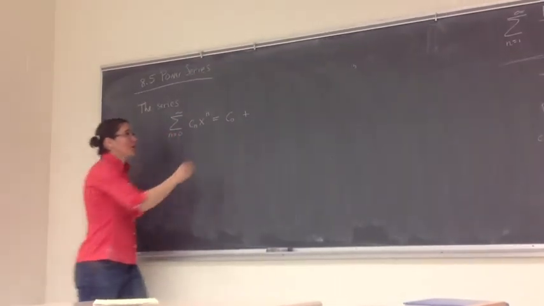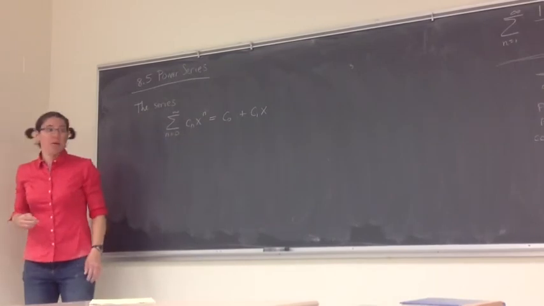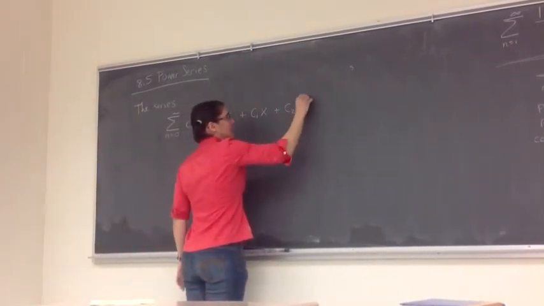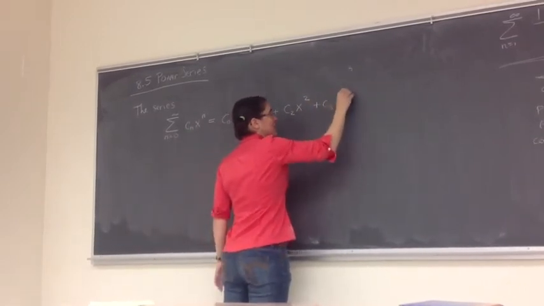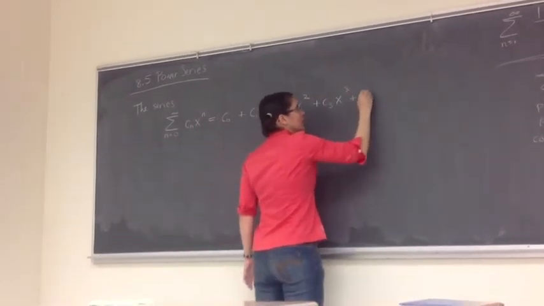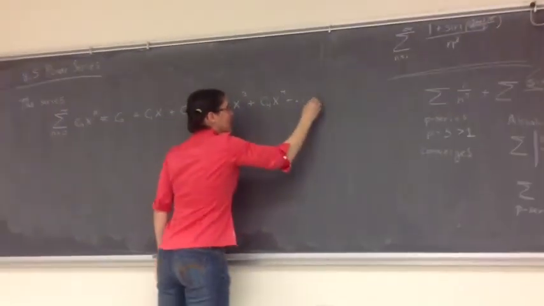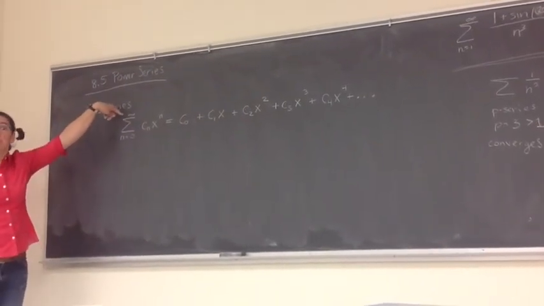And when n is equal to 1, I have c_1 x raised to the first power plus c_2 times x squared plus c_3 times x to the third plus c_4 times x to the fourth. And this is going to go on forever and ever because we're going up to infinity.